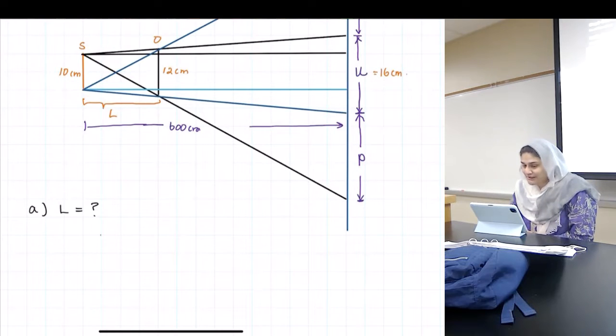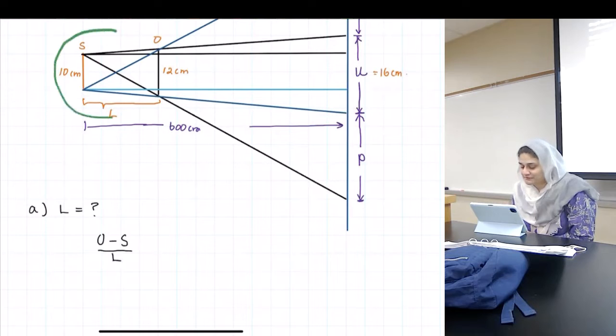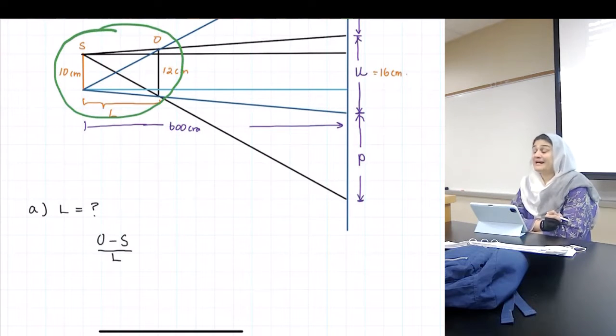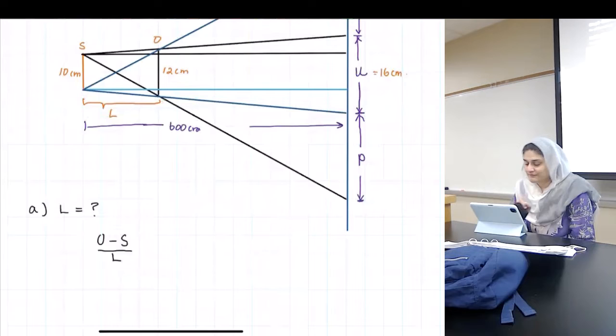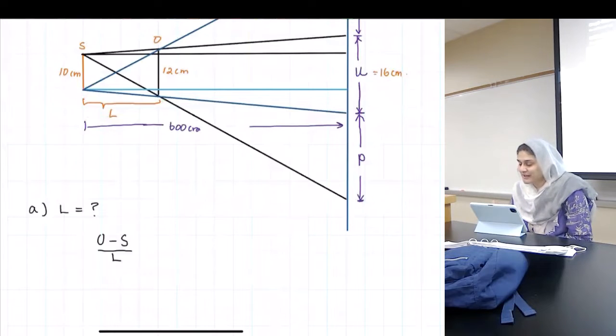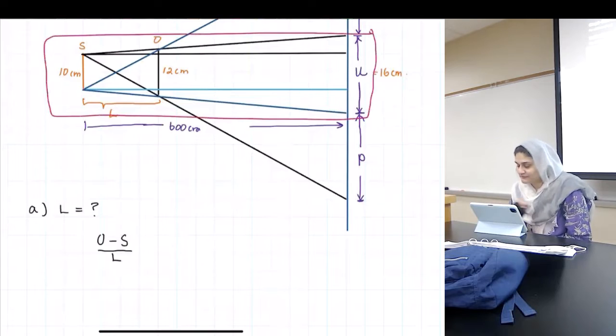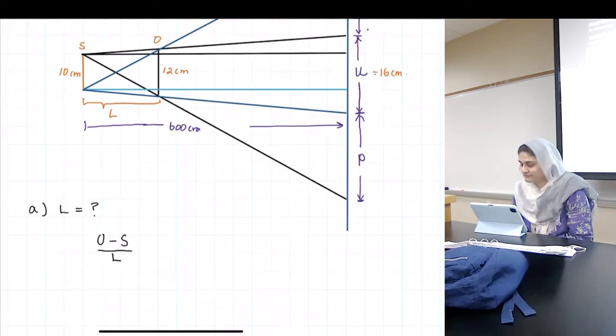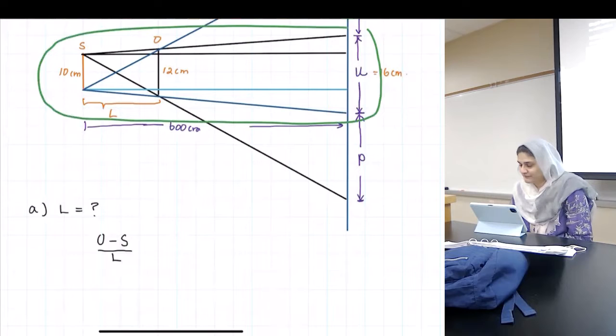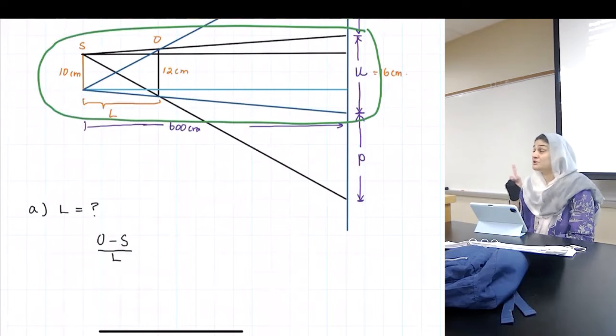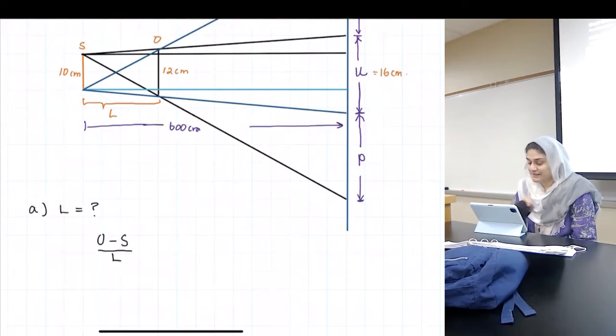The object height minus the source height, divided by L, has the same ratio as the umbra minus the source, divided by 600, because that's what was given. I'm going to do the green again.